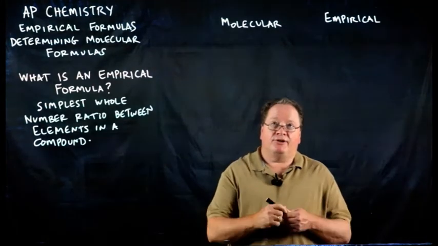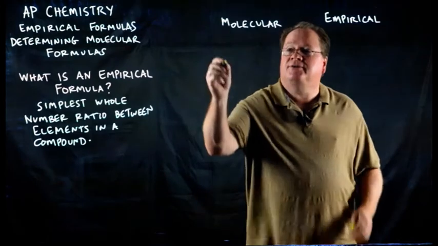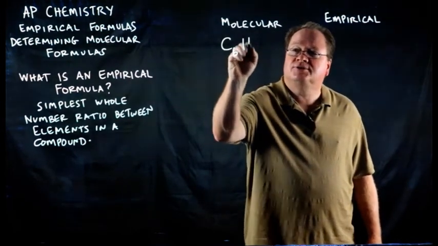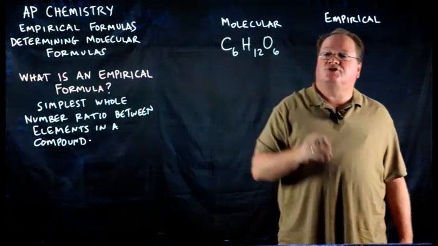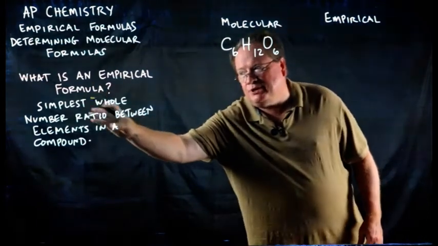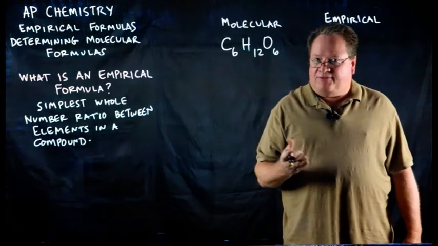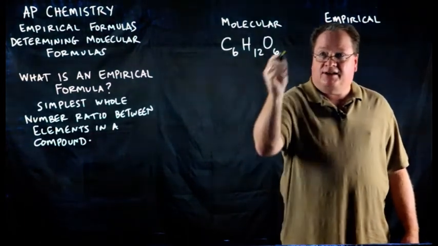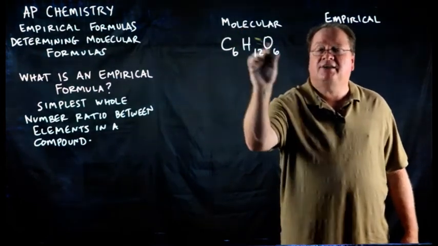If I were to look at a molecular formula for a molecule, we'll choose a simple one like glucose, C6H12O6, would you say that this is the simplest whole number ratio between these elements? The fact is, I can reduce every one of these by a factor of 6. And so this would not be an empirical formula. This would be a molecular formula.